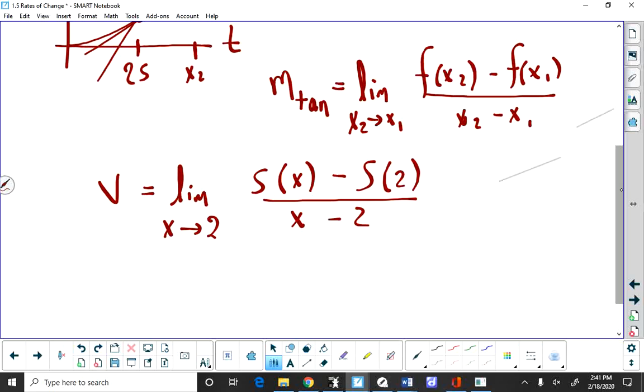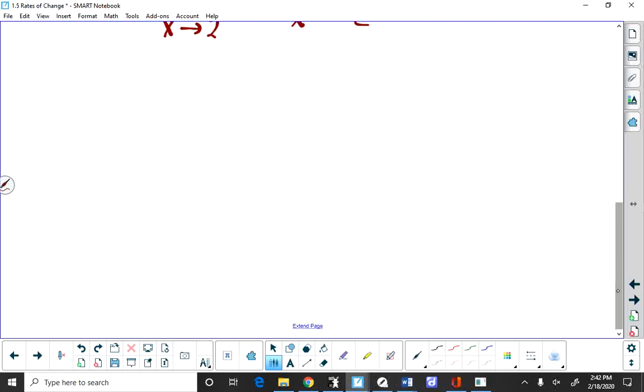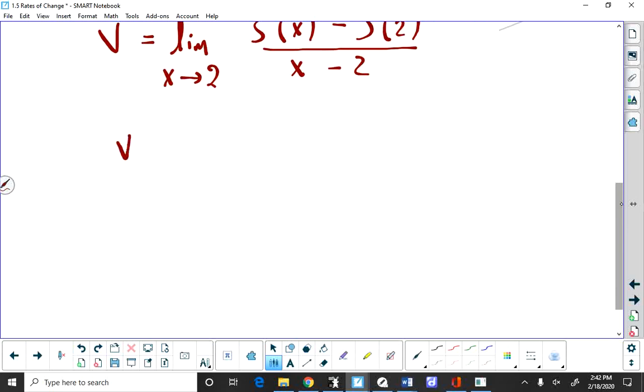And you know, if you wanted to, you could use the h approach here. So what does this become? It becomes, was it 4.9 t squared?